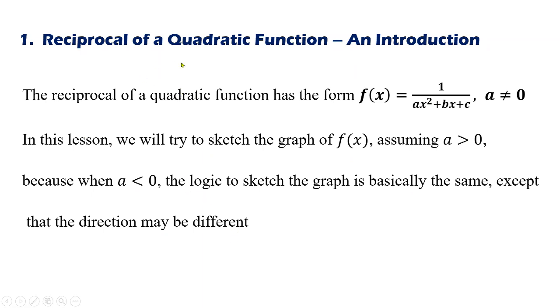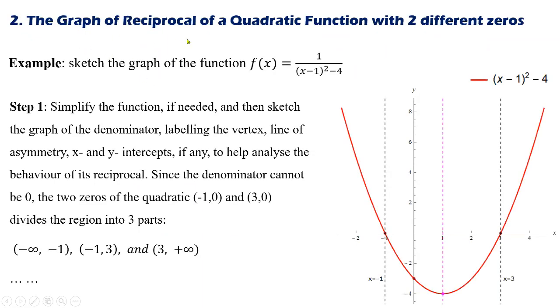All right, so first of all, let's have a look at the first type of cases, where the quadratic function has 2 different zeros. Let's use an example to illustrate the method we use to sketch the graph. First, let's have a look at the function here: f(x) equals 1 over (x minus 1) squared minus 4.